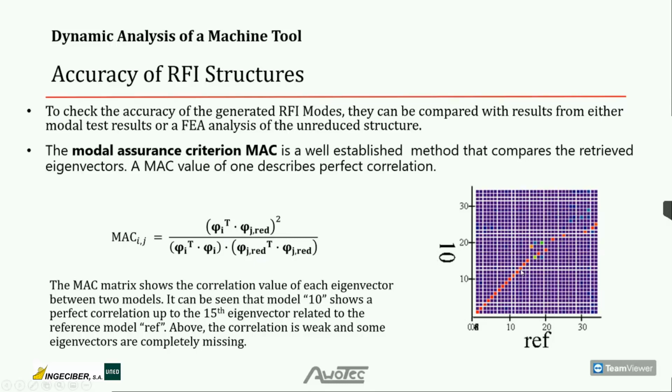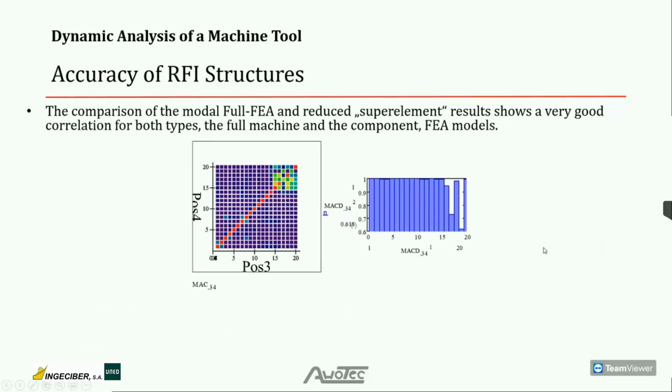And in this graph, on the main diagonal, these red squares mean there is a perfect correlation. But between the two different models or measurements, in this region here, there is not a good correlation. So the eigenvectors do not really relate to each other.